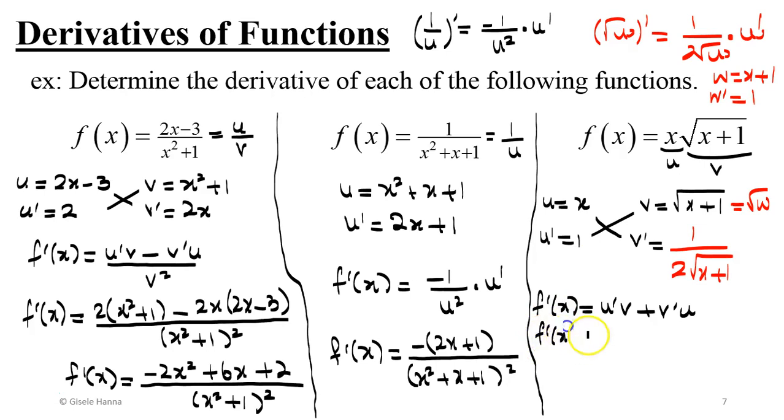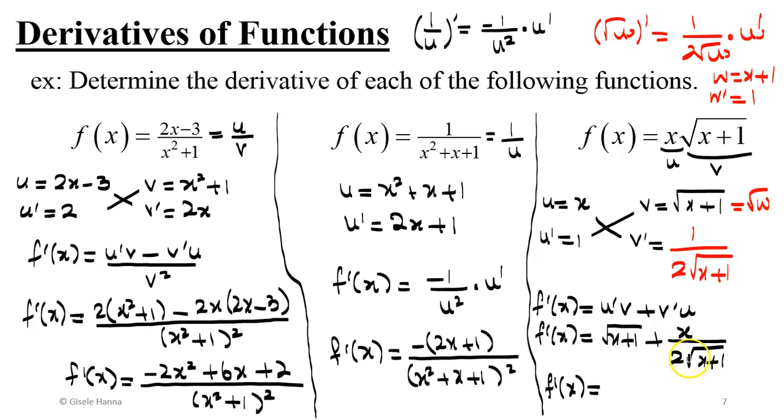So f prime of x would be, now u prime times v, so that's square root of x plus 1. V prime times u, so u is x and this is v prime, so that would be x over 2 square root of x plus 1. Now you could leave your derivative in that form, or you could reduce to the same denominator.